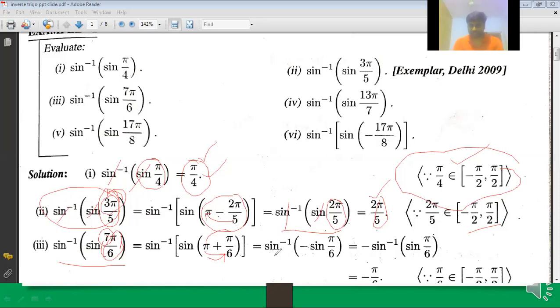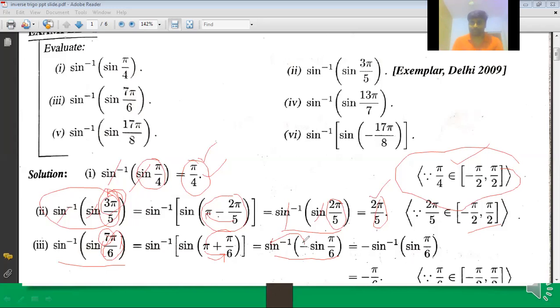Now sine inverse of minus sine pi by 6, because sine of 180 plus theta is minus sine theta. Now this minus we can write outside for sine inverse, tan inverse, and cosecant inverse.